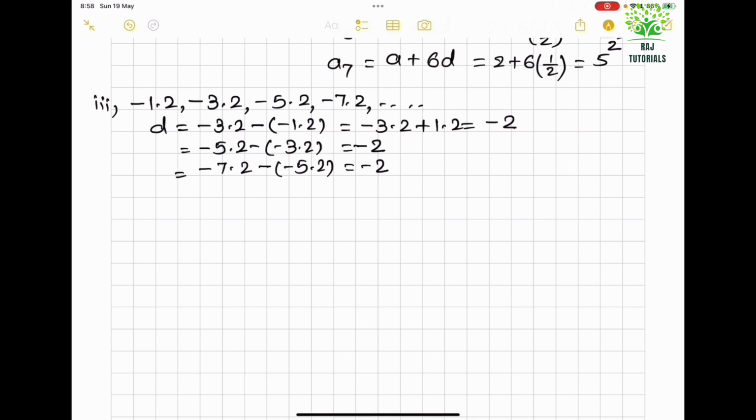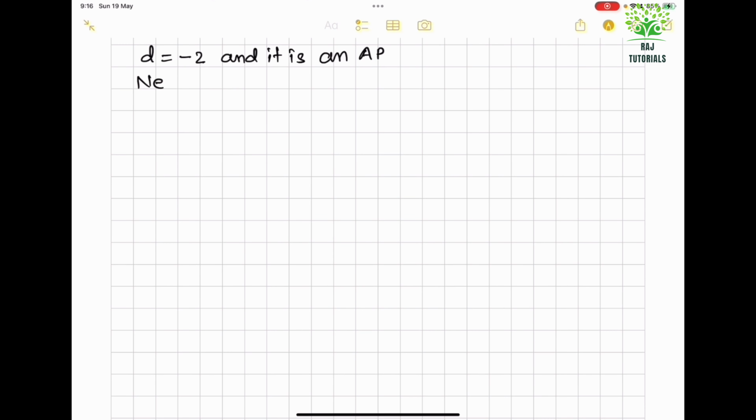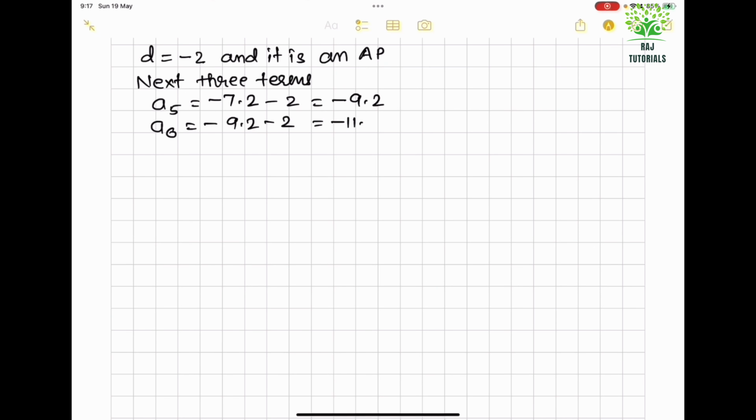So that is also coming minus 2. Therefore, it is an AP with D equal to minus 2. Next three terms, A5 will be minus 7.2 minus 2, that is minus 9.2. A6 will be minus 9.2 minus 2, so that is minus 11.2. A7 will be minus 11.2 minus 2, that is minus 13.2.